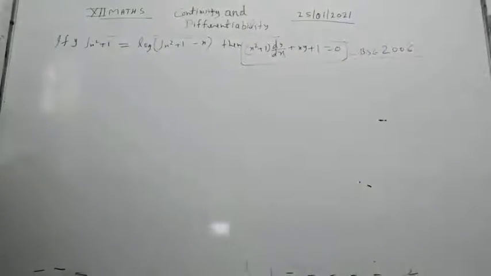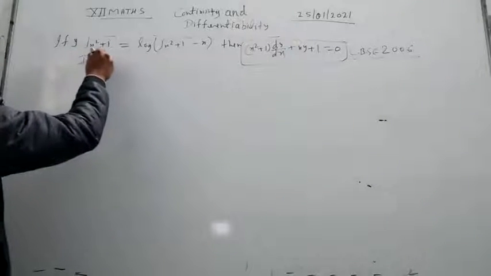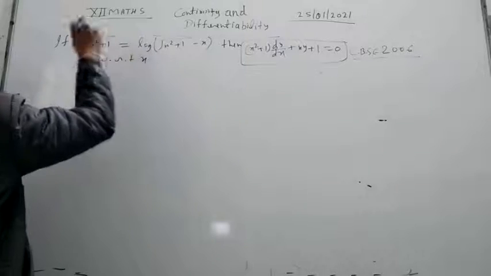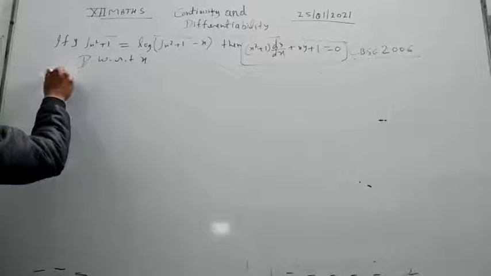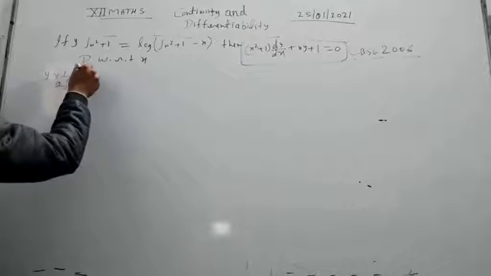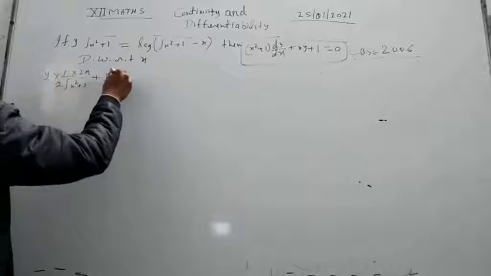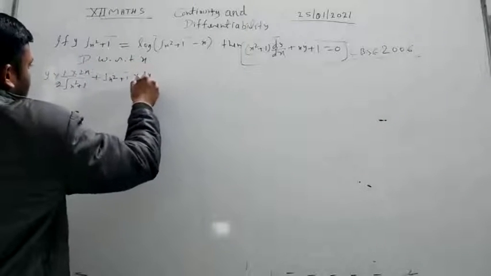Okay students, now we will solve this question. We take this and differentiate with respect to x. It will be first function times differentiation of second function, which is 2x, plus second function times differentiation of first function, dy by dx.